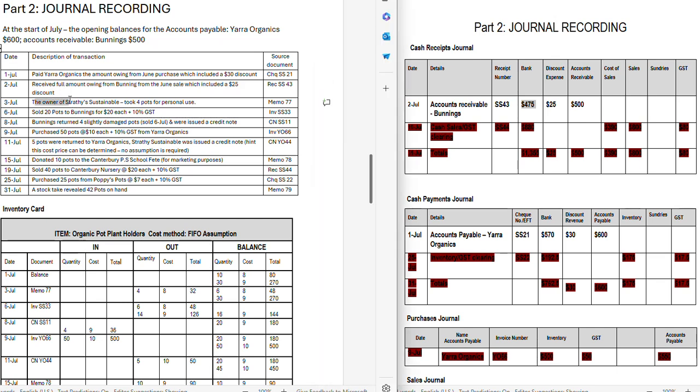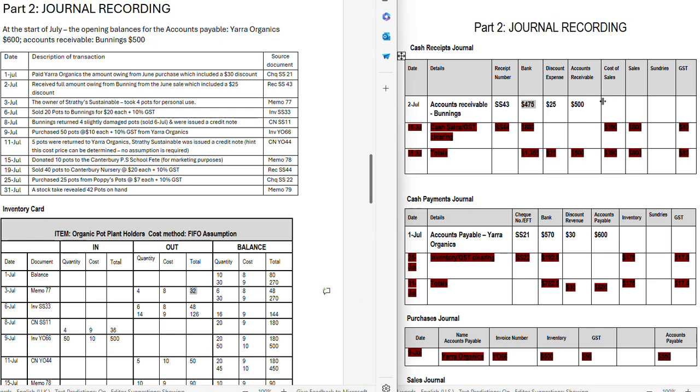On the third, the owner's taken out 4 pots. Now, there's no information here about the value of those pots, so we go downstairs to our inventory card. And if we look on the third, in the out column, we've applied FIFO. Again, I've explained that in a previous video. Check out the link later. $32 worth.